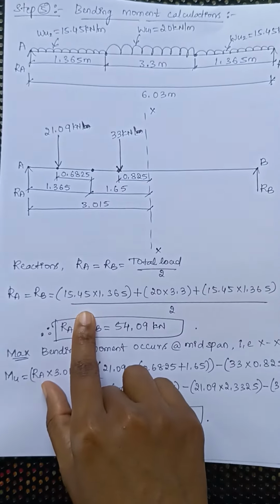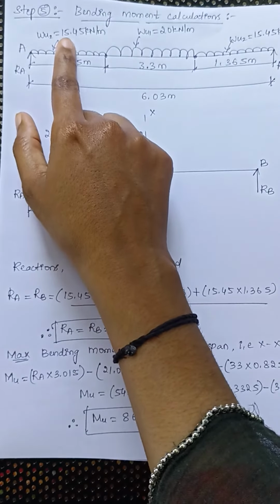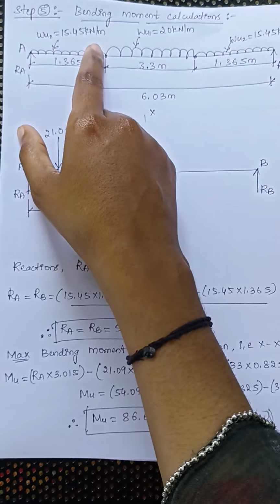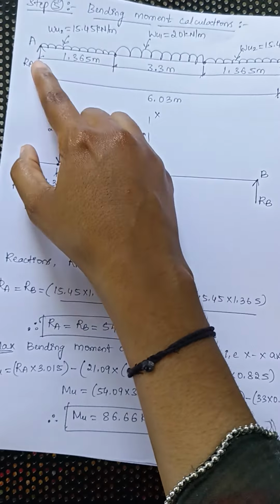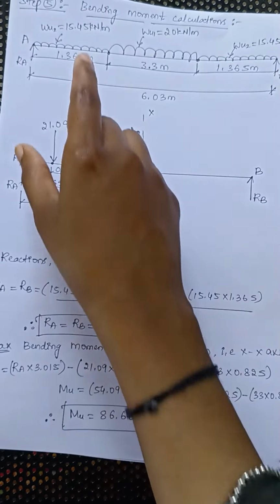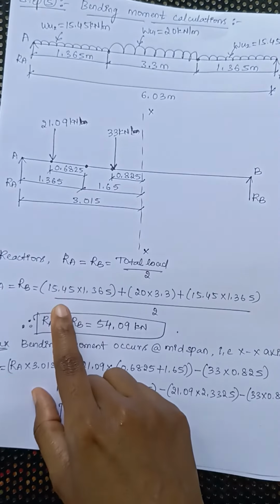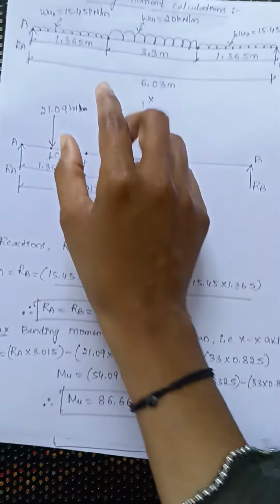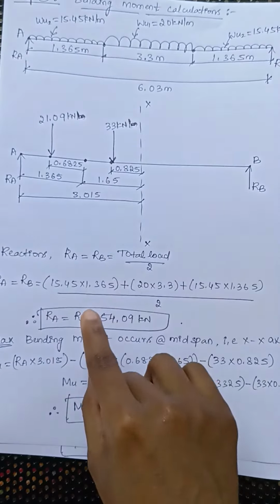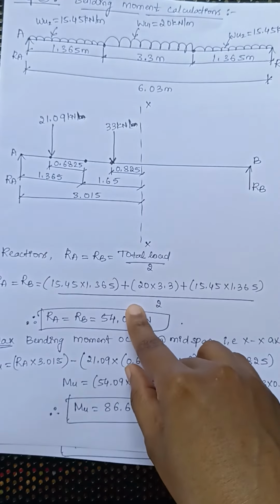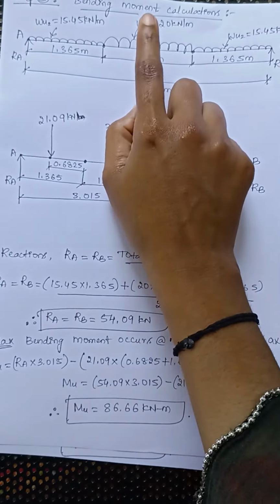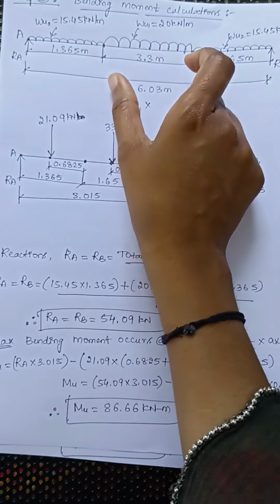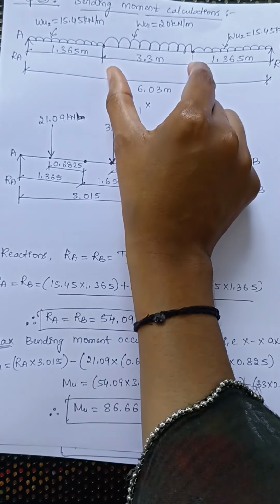Now, let us start with the first load. The first load is of 15.45 kilonewton per meter. As that is acting throughout the span of 1.365, let us convert this in terms of concentrated load, that is 15.45 multiplied with its span length, 1.365. Then plus the second UDL of 20 kilonewton per meter, acting at a span of 3.3.